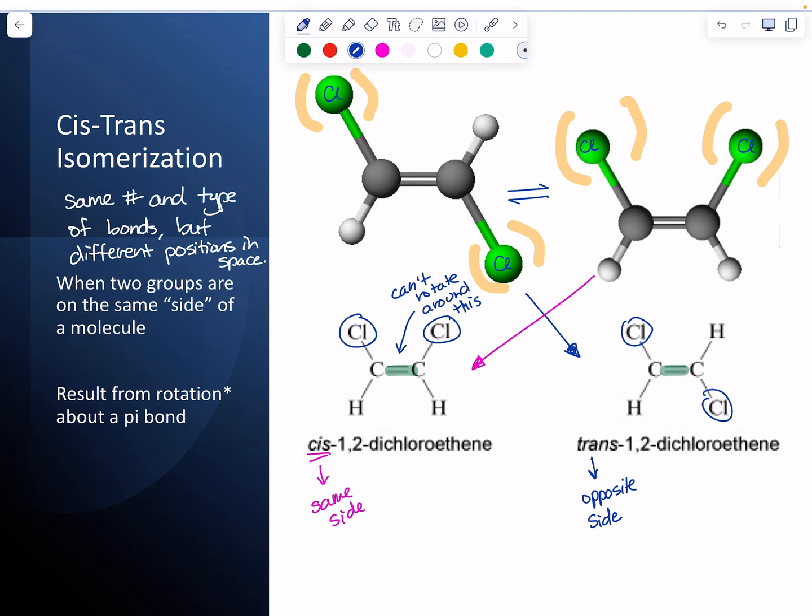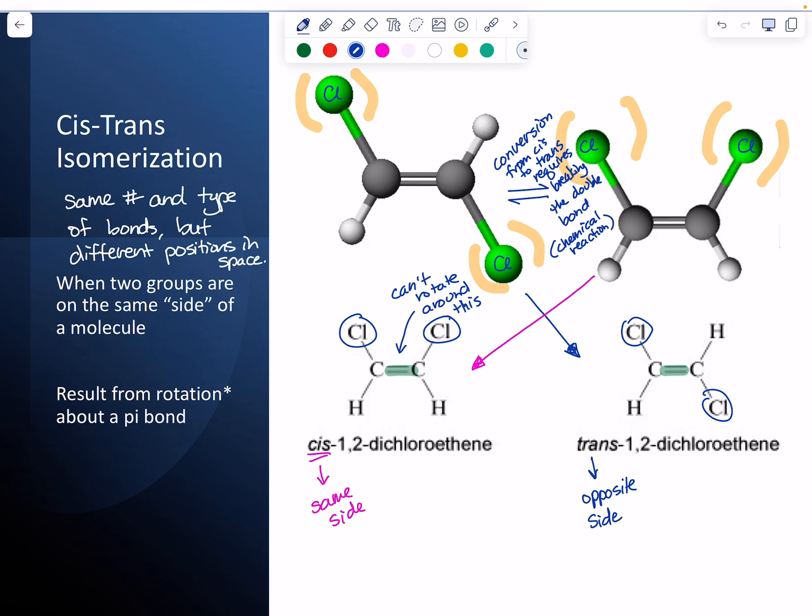So conversion from cis to trans requires breaking the double bond, which means it needs a chemical reaction to occur.